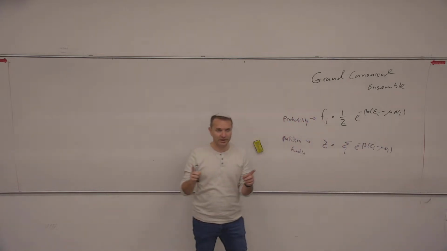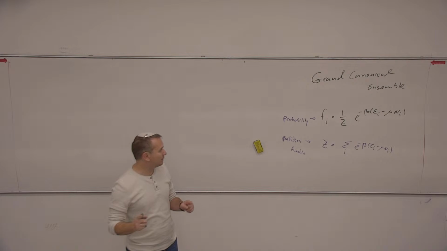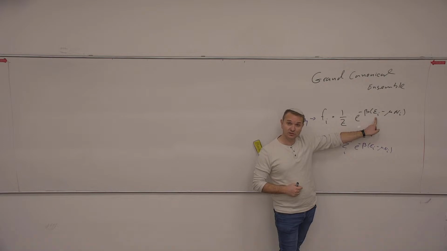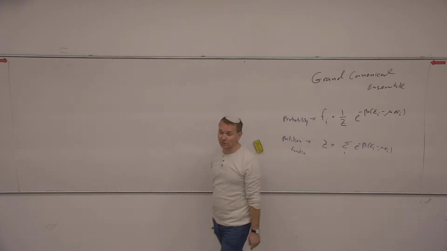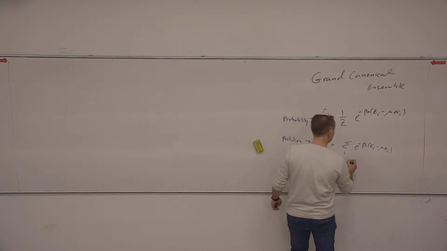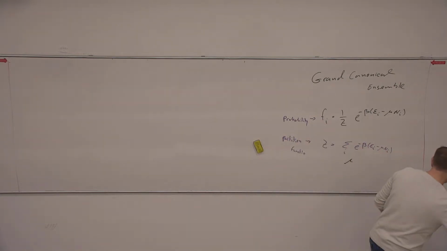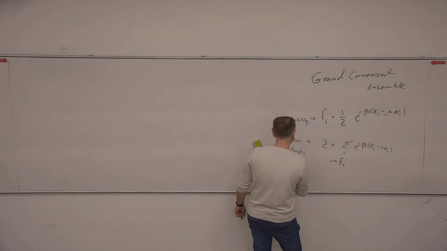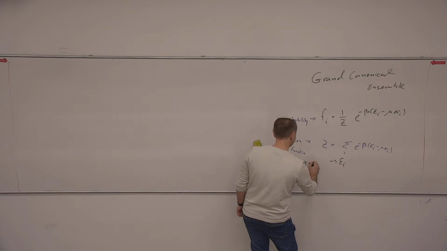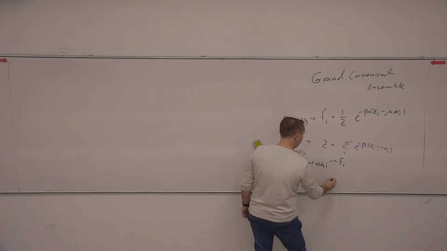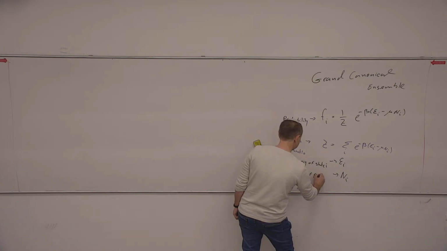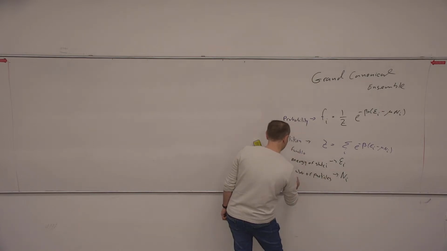We know that for the grand canonical ensemble, the energy of the system is not constant, and the number of particles of the system is also not constant. So epsilon_i is the energy of state i, and n_i is the number of particles of state i.